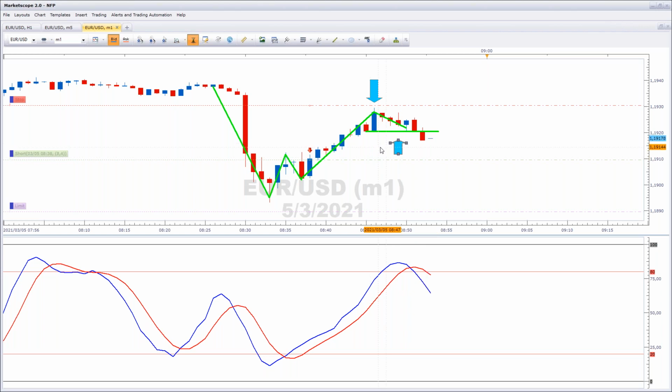All right, so I'm going to take this arrow out for the time being. We don't need that. Okay, we're 8 pips down.